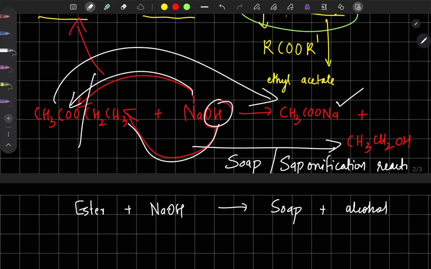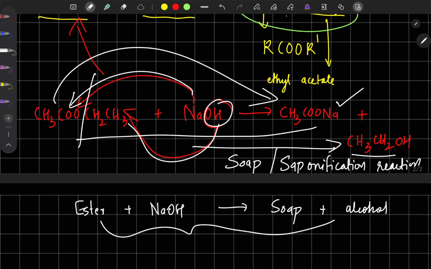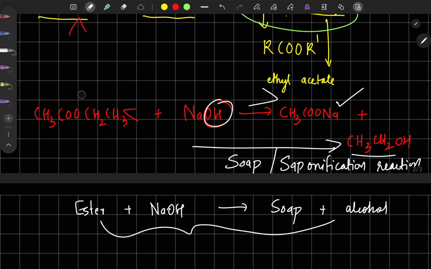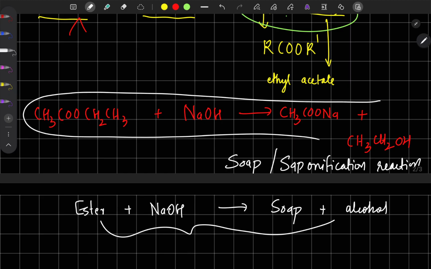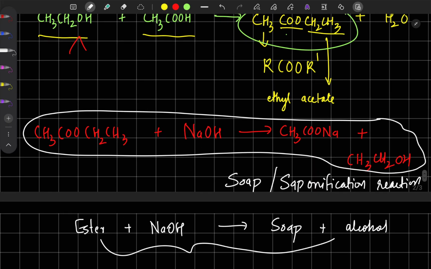Reactions in which ester and NaOH react to form soap plus alcohol are called saponification reaction. So this reaction you can write as an example for saponification reaction. In NCERT, if you write this as an example of saponification reaction also, you will get marks. These are the important things that you need to remember and study from ethanoic acid.